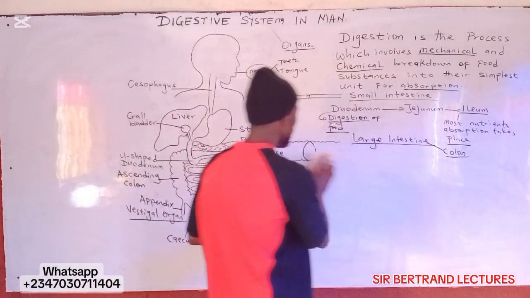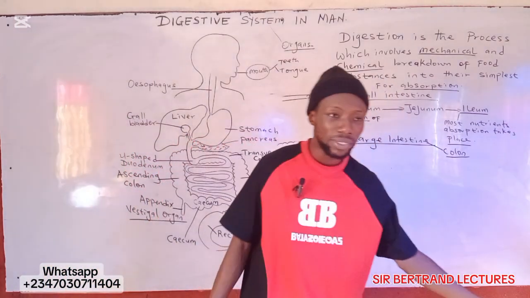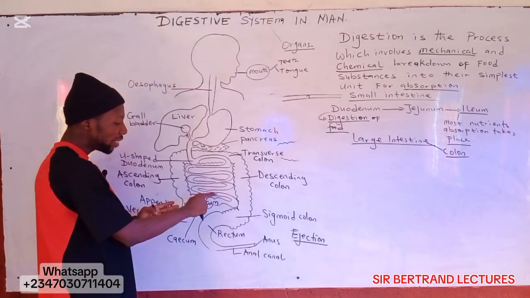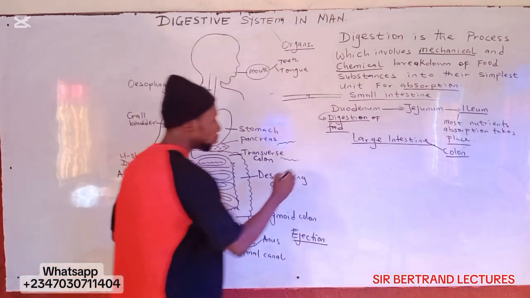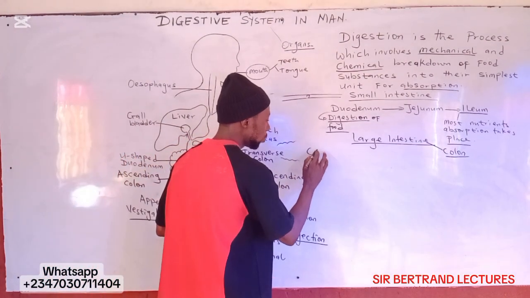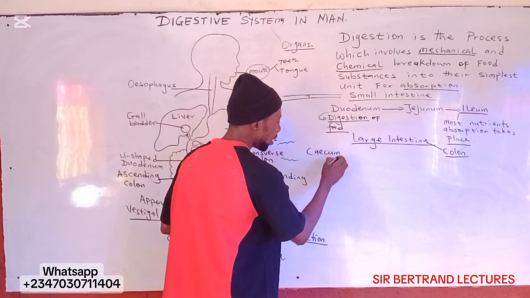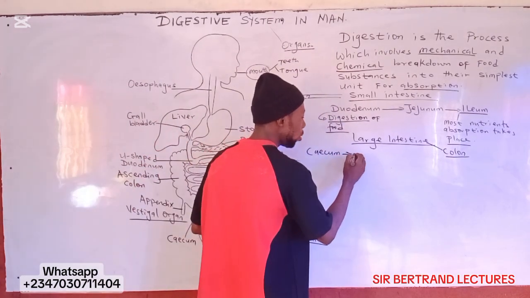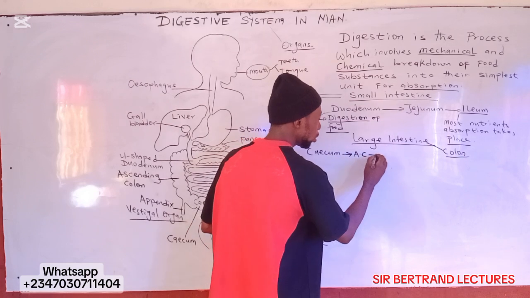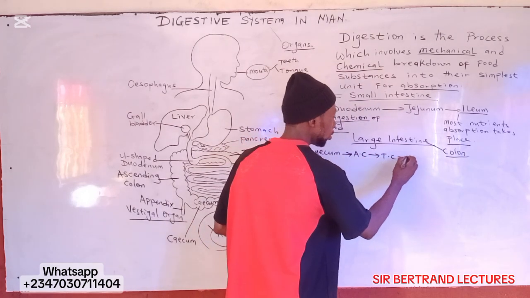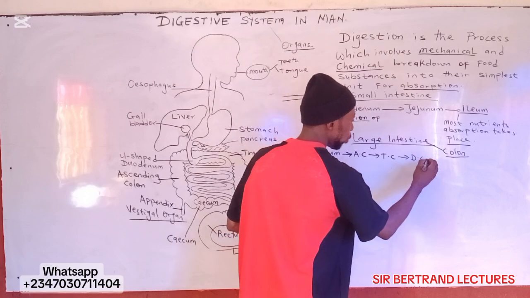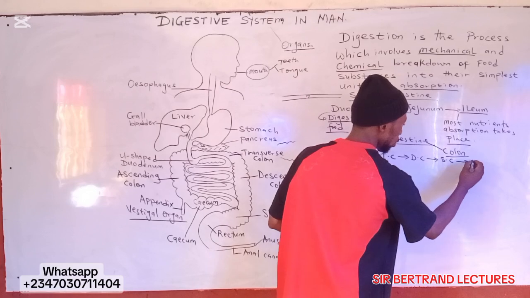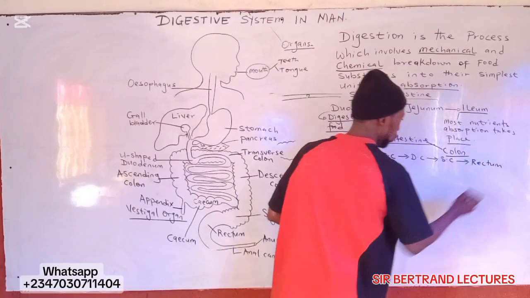Now, let's look at the parts of this large intestine in the body. The first part, as I described, from the ileum, connects to the cecum. The cecum is the first part, which is joined with the appendix. It connects to the ascending colon, transverse colon, descending colon, sigmoid colon, and the rectum.